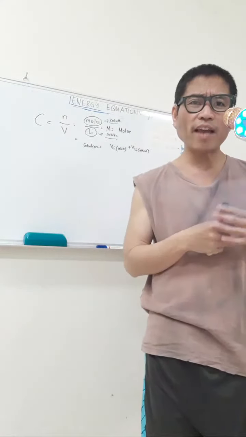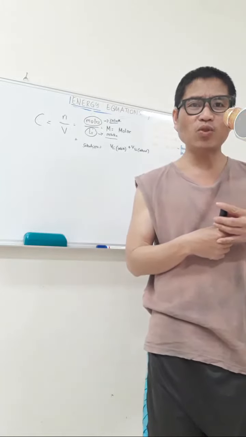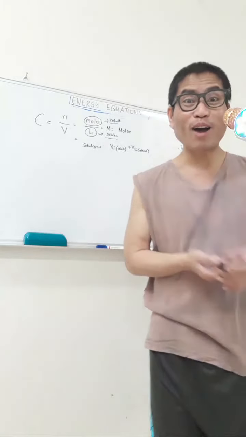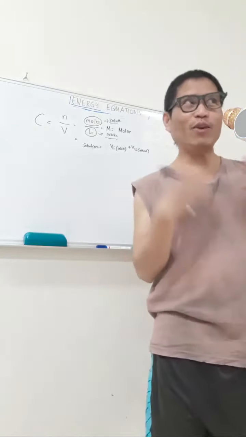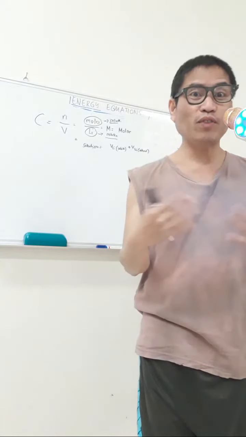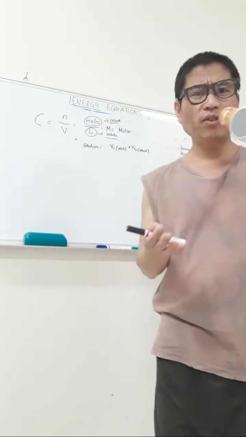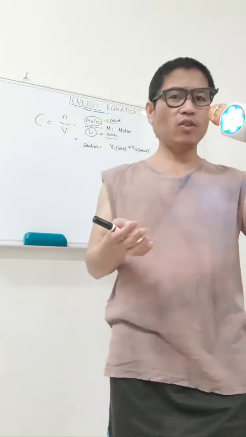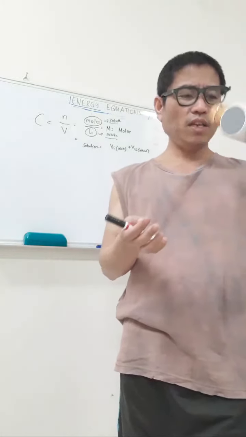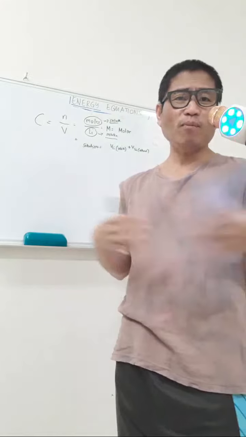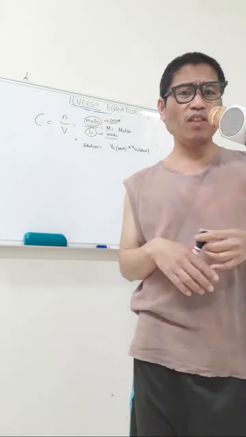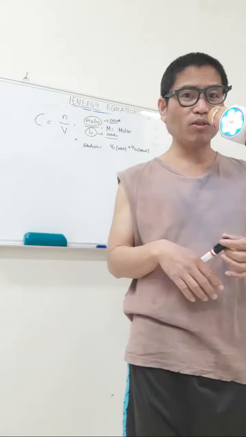The question goes like this. Question number one, chemistry. Let's imagine that we join a science fair or science quiz bowl, particularly chemistry. The question goes: calculate the percentage by volume of nitrogen in the atmosphere.